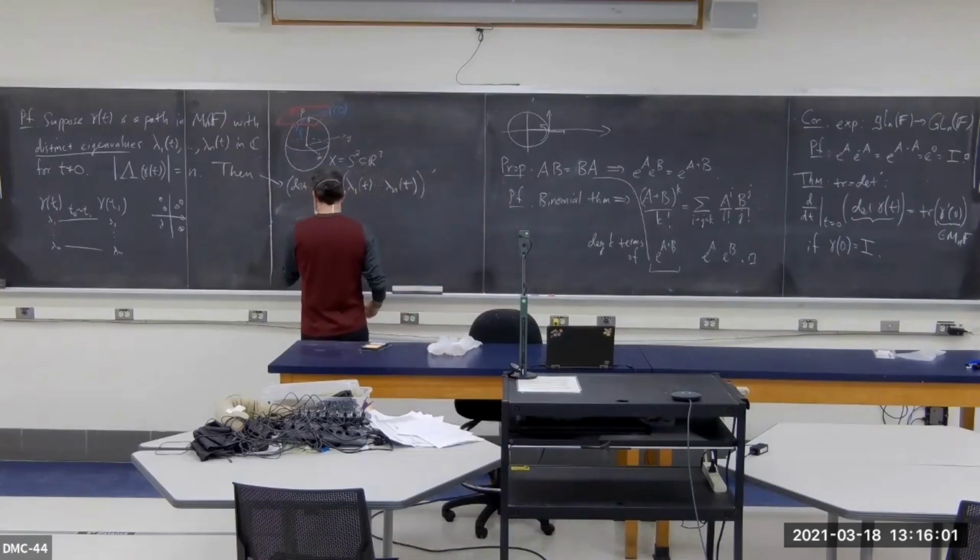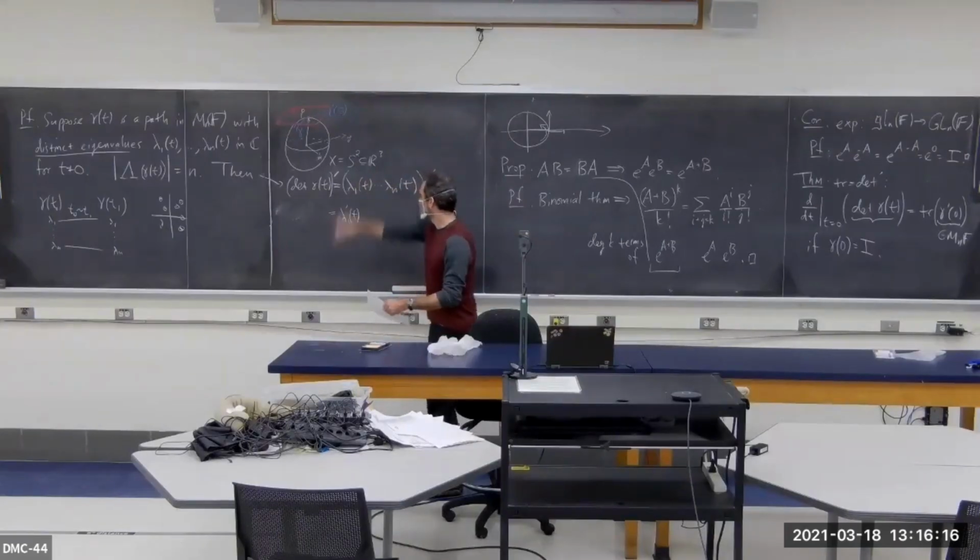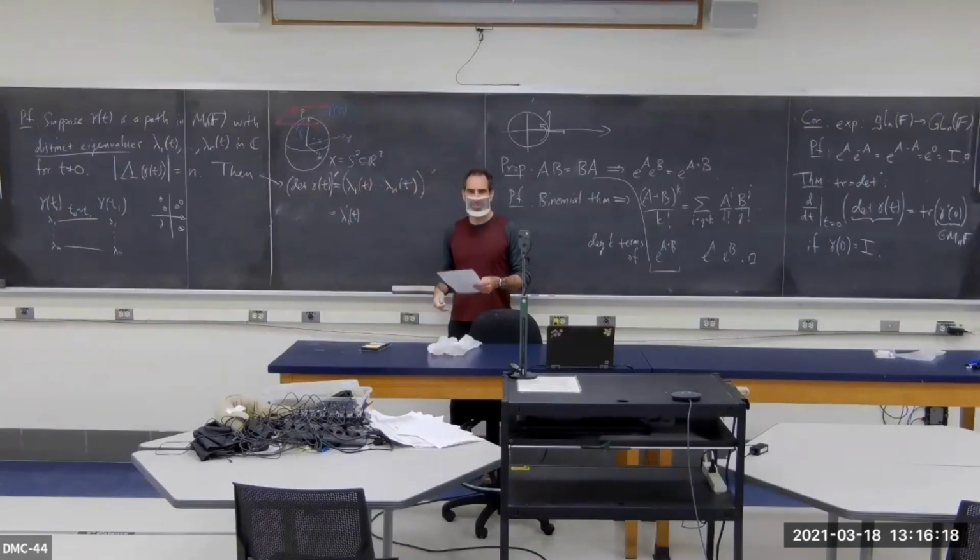Well, it's the product rule, right? So this is now going to be equal to the derivative of the first times, oh boy. So now what it's going to be is this thing divided by that one. So I'm going to now cross out the lambda 1 of t business.